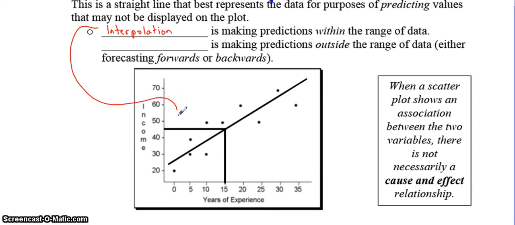Interpolation is when you make a prediction within the range of the data. So if your data starts here and ends here, we are making a prediction within that range.